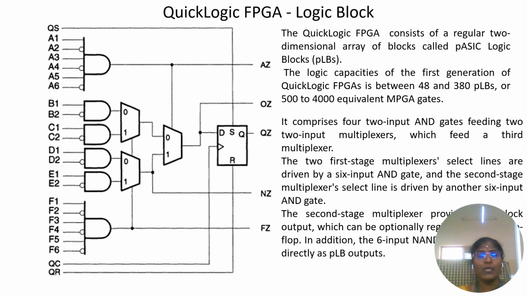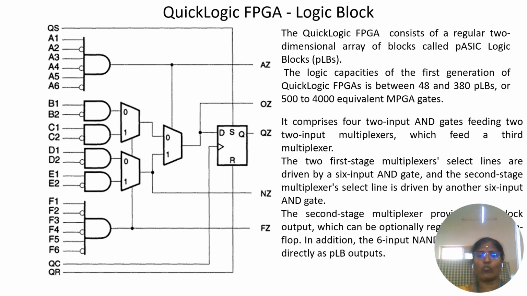The next one, the Quicklogic FPGA. This is the logic diagram. It consists of a 6-input AND gate and 2-input AND gates, similarly the AND logic, then multiplexers and the flip-flop.